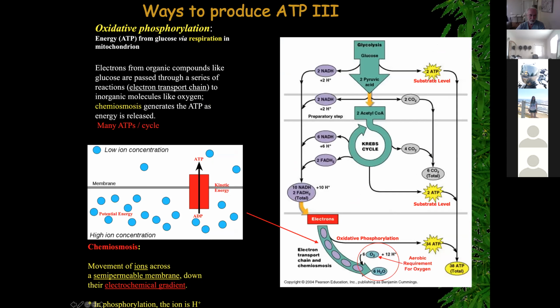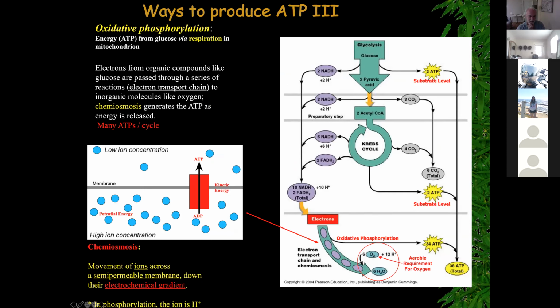And now let's talk about oxidative phosphorylation. This is where we get most of our energy. It's energy from glucose by way of respiration in the mitochondrion. So electrons from organic compounds, usually glucose, are passed through a series of reactions called the electron transport chain to an inorganic molecule like oxygen.